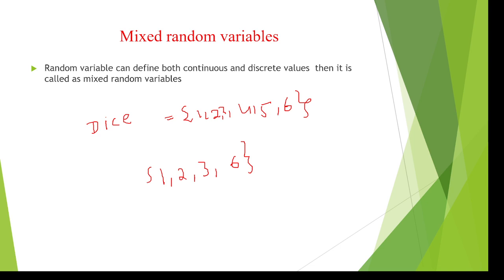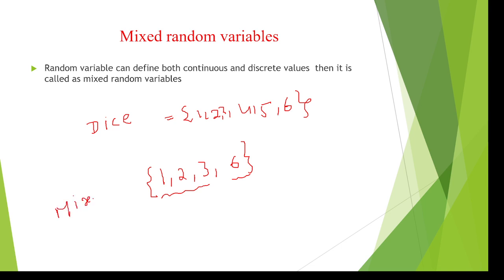You can observe that it is defined continuously from 1 to 3, and then goes to the outcome 6. After this, some break is there. That's why it is a mixed random variable.